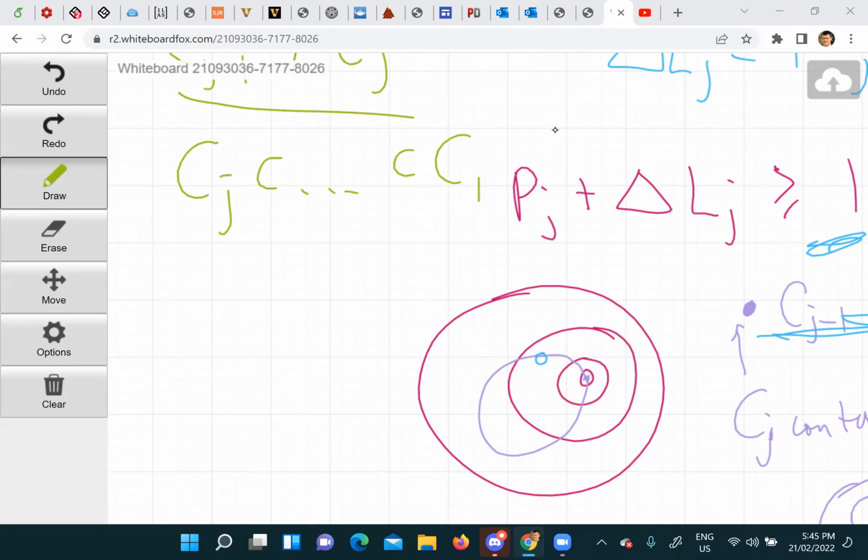Okay, so there's a little bit of a subtlety here because the chain that defines the level for the purple thing might not be the same as the chain that defines the level for the red thing, okay?